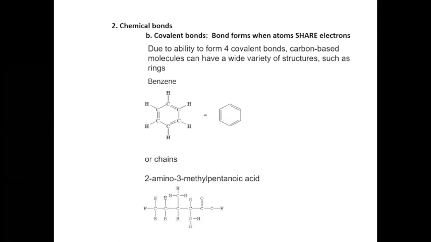So one way that you can represent methane is represented as 4 different lines like that, all representing a covalent bond. Another way to represent that is simply to write it as CH4. These are the same, right? These are the same.